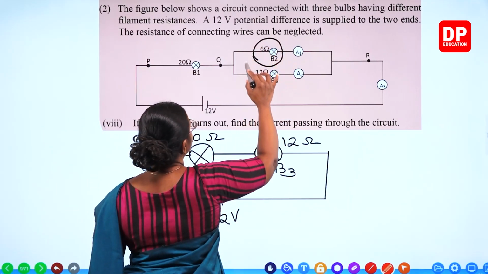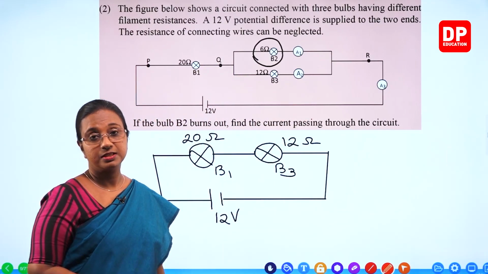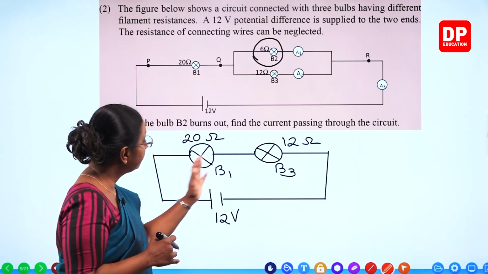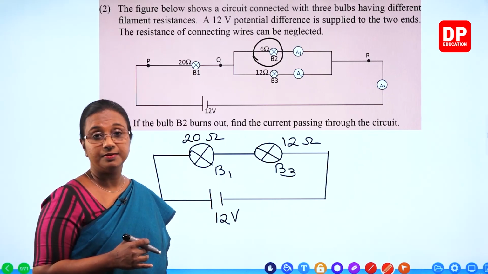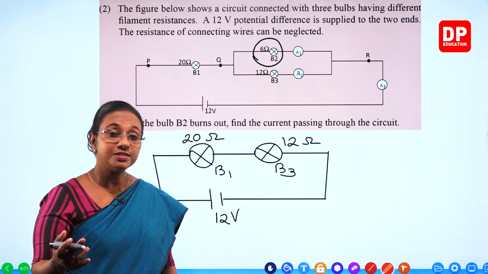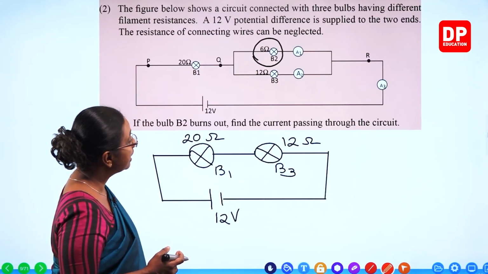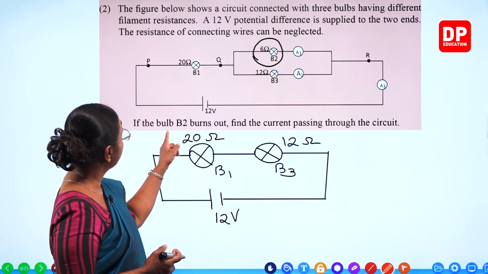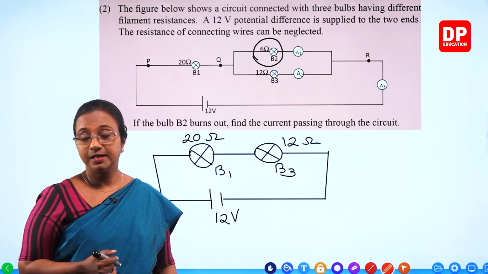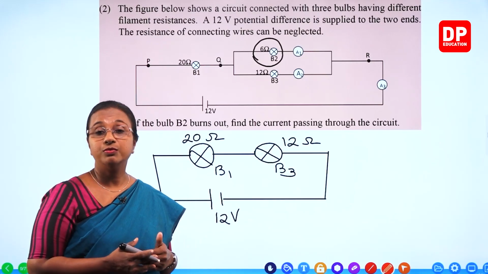This part is not working, so it has become a series combination. Then what will happen to the equivalent resistance? It will have to be added together, the sum of B1 and B3. So the equivalent resistance will increase. Then the current passing through the bulb will be different. So if the bulb B2 burns out, find the current passing through the circuit. So again, you have to find the equivalent resistance and you need to find the current.